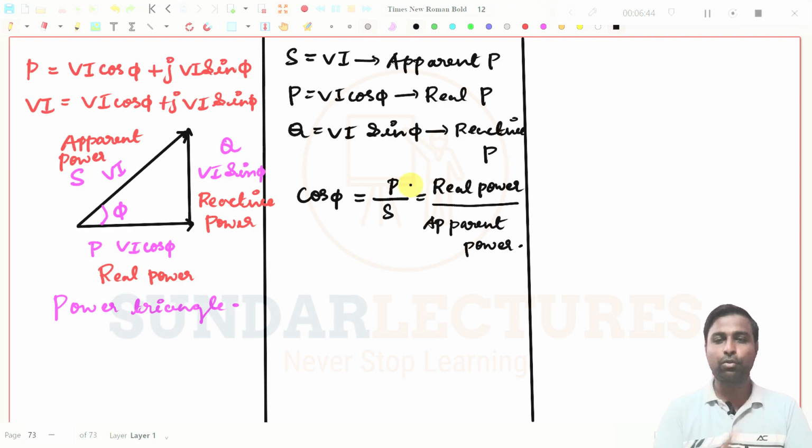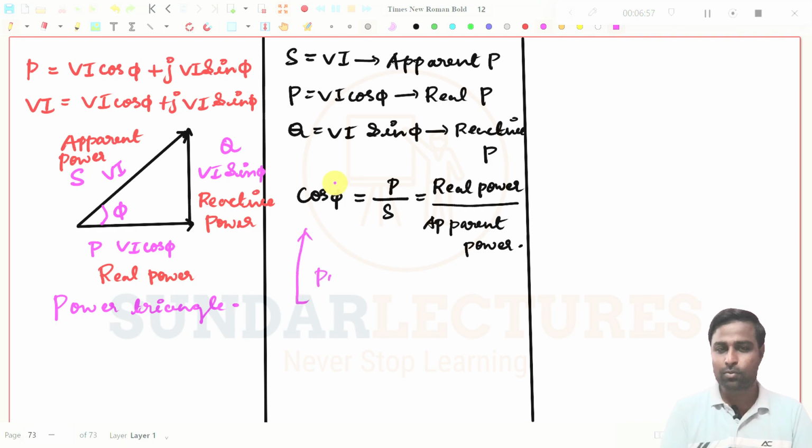So we have to note a point here. What does this cos phi denote? This cos phi term we are calling the power factor. Power factor. Try to understand. This one is very important.